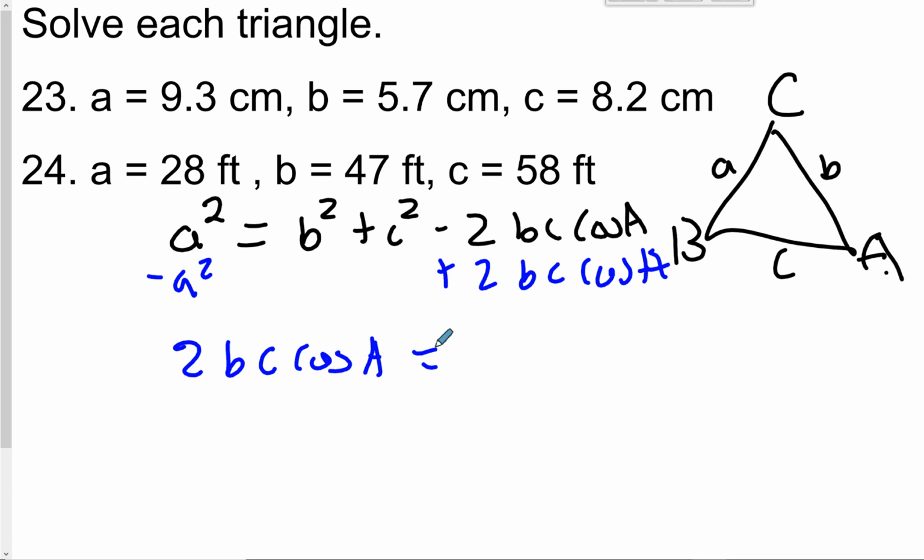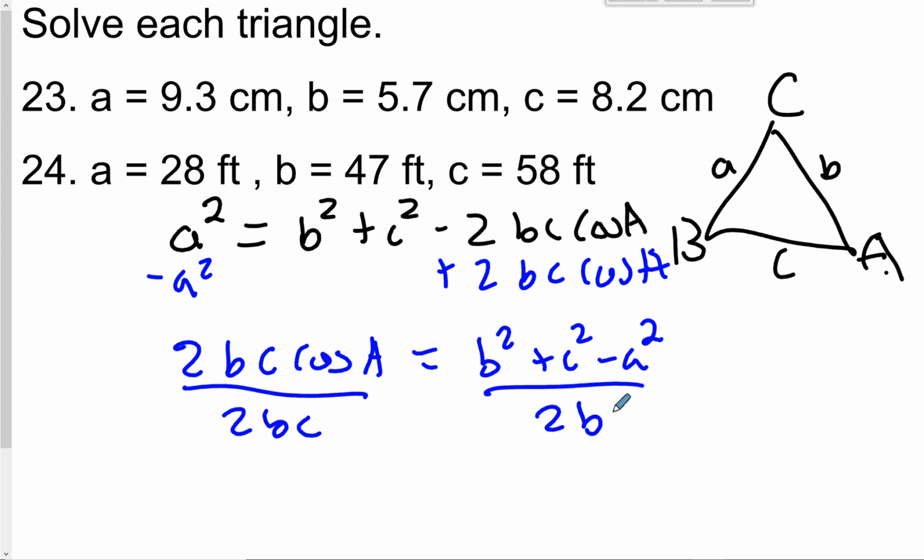So if you want to, you could rewrite all of them like this when we finish here, and just replace the letters, right? So this is B squared plus C squared minus A squared, and then we would divide by 2BC. Okay, so this is how it's always going to work. Again, this is solving for cosine of A, so then I have to do inverse cosine to actually find the angle.